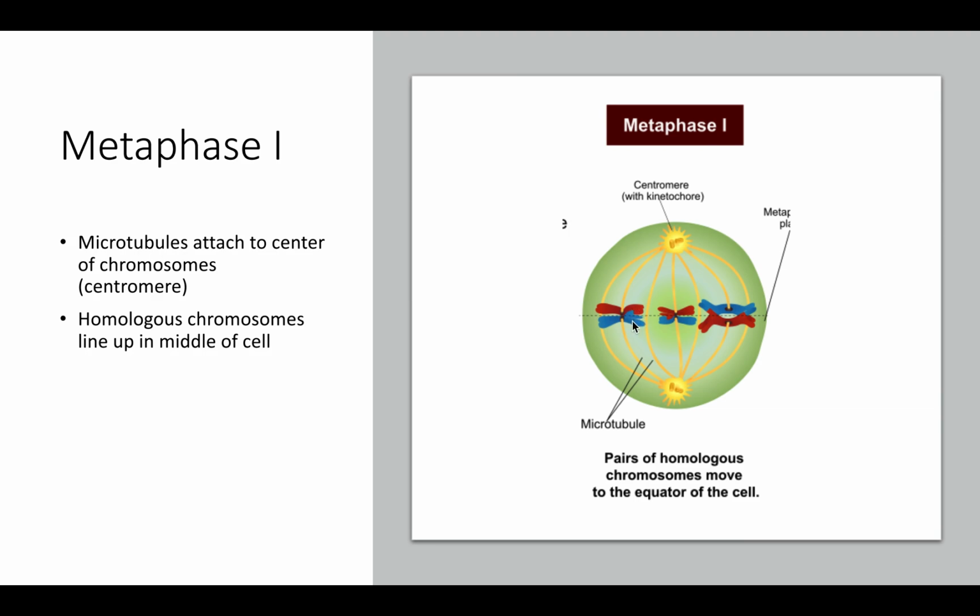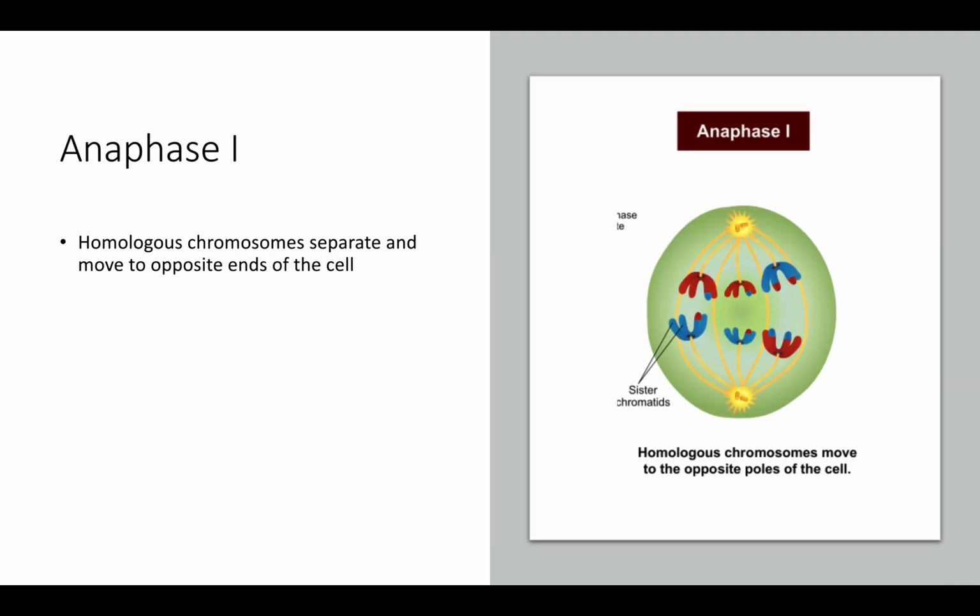Those are homologous chromosomes, all right? They have the same structure, all right? And then also at this point, remember that microtubule rope, it's going to lasso itself around the chromosomes. So eventually during anaphase 1, those chromosomes can be pulled apart and they will move to opposite ends of the cell, okay?